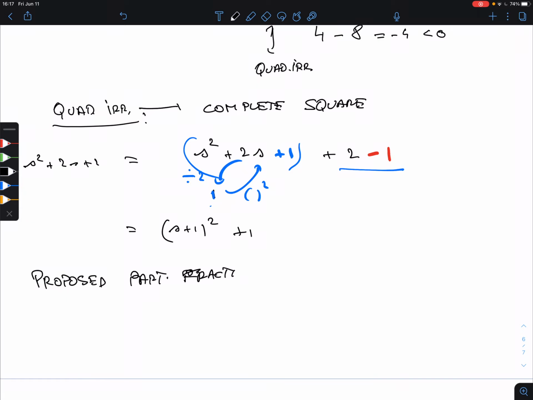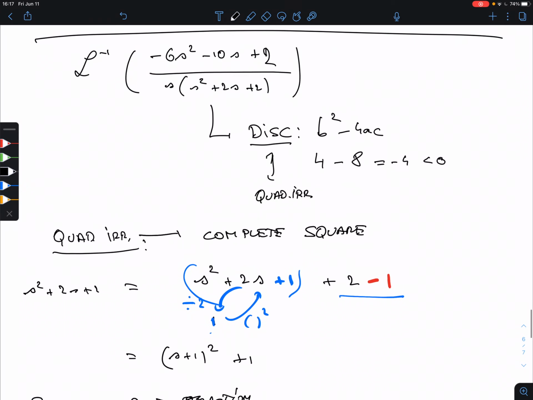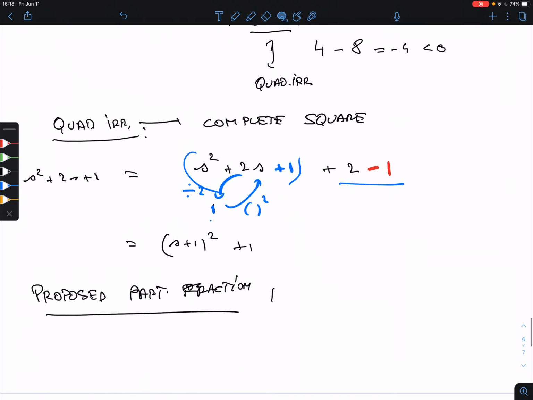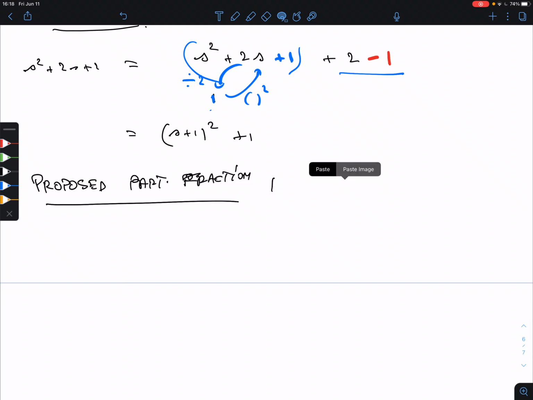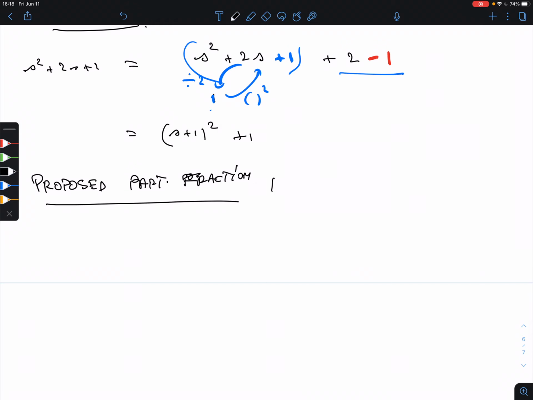It's going to take a little bit more time, so it's a bit longer video. What we're going to do is write this fraction here. Let me copy the fraction. So I'm going to write this fraction as follows.